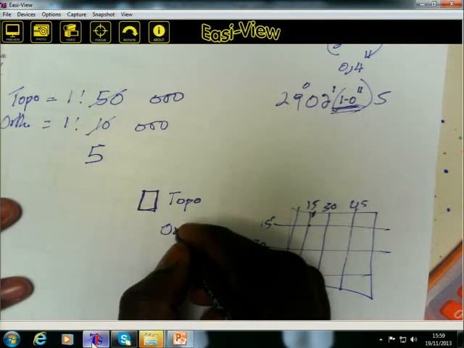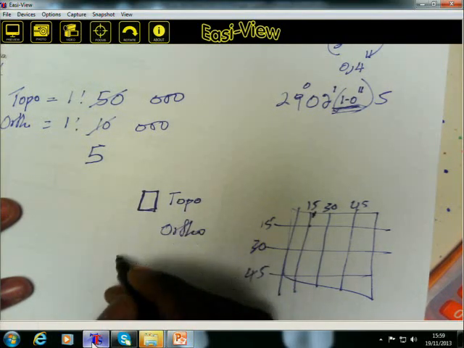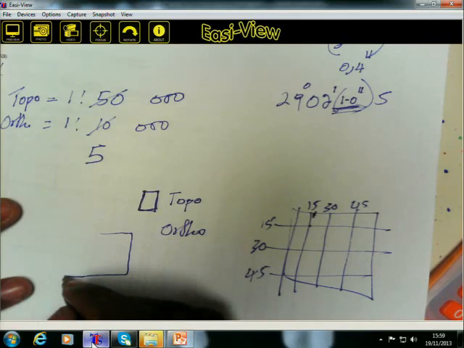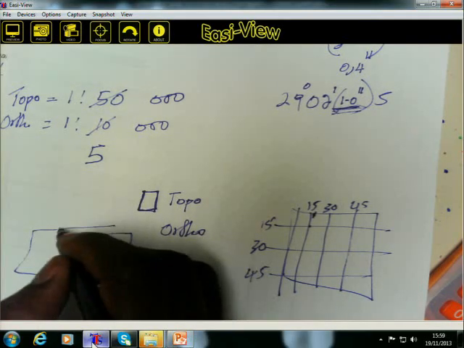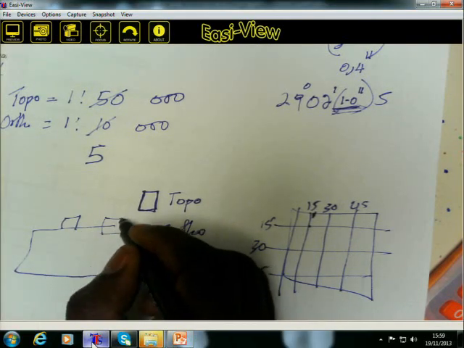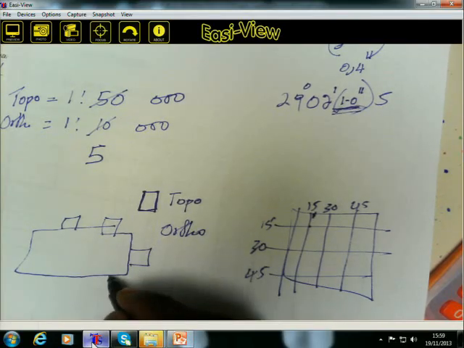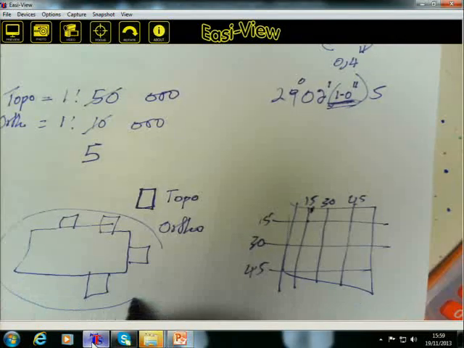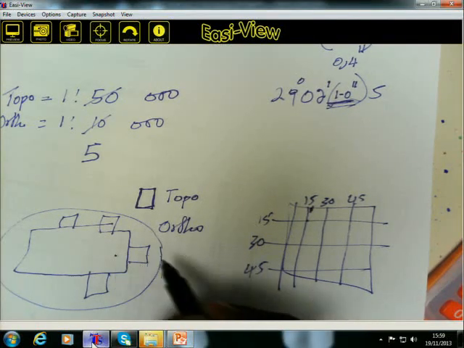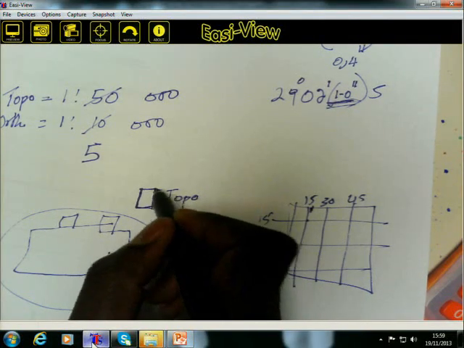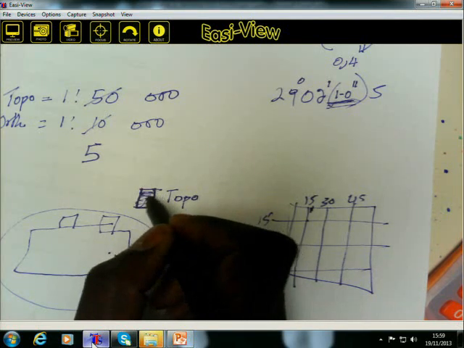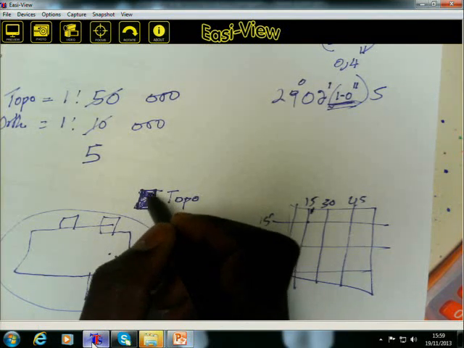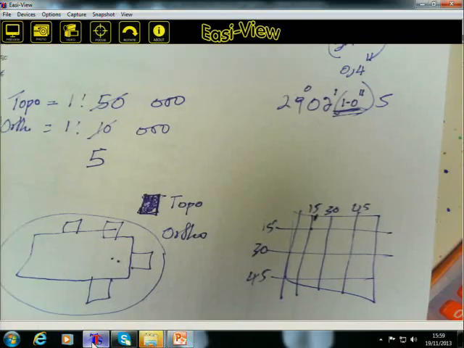On an orthophoto map, you'll have this building very clear to show that this is an industry that has chimneys, it has an entrance, and it has the main gate this side. So an orthophoto becomes more detailed, more clearer than only what you saw to be a polygon in the form of a building on a topographical map.